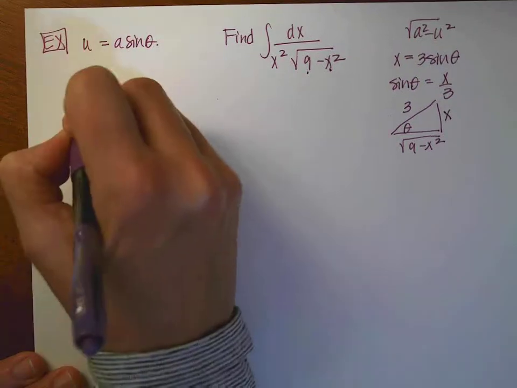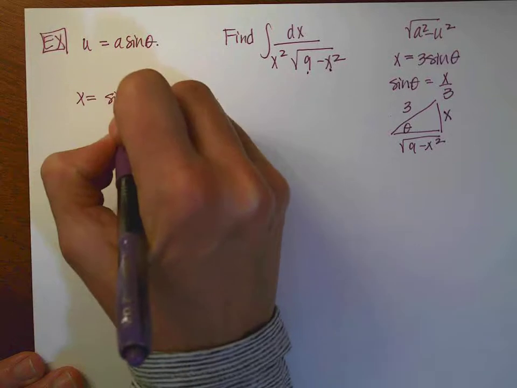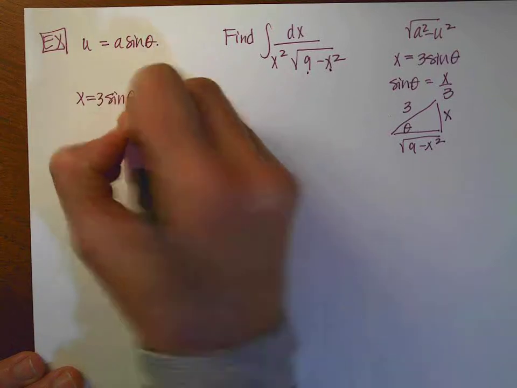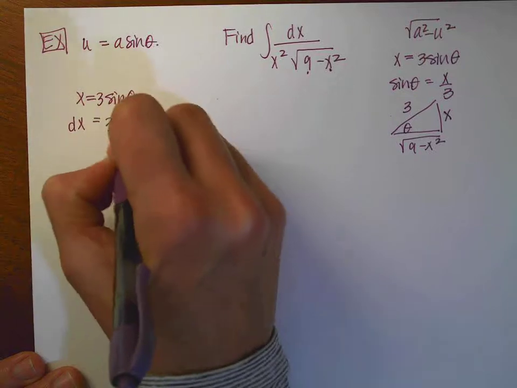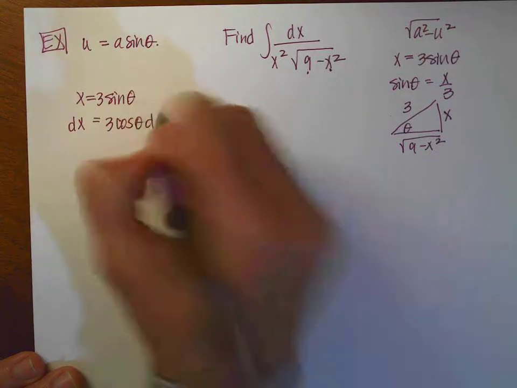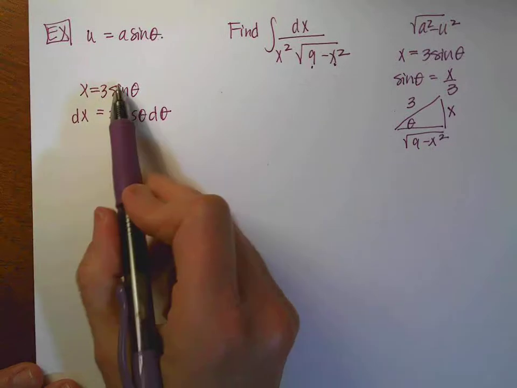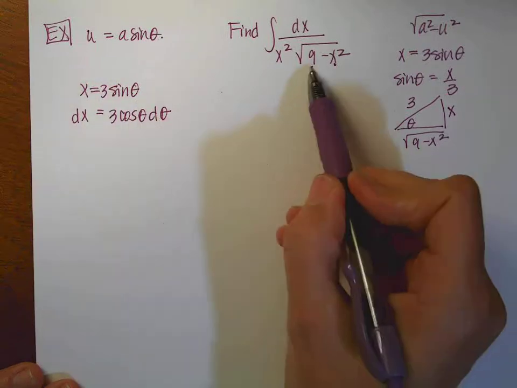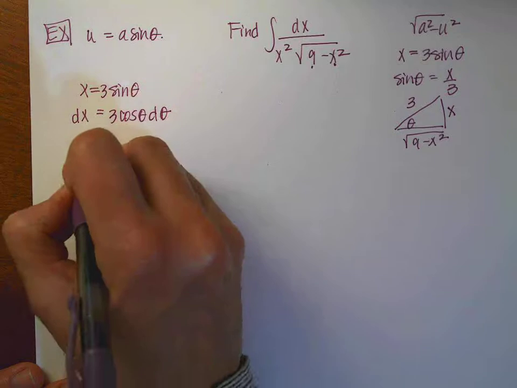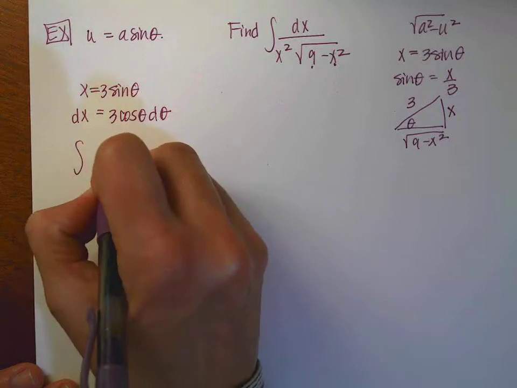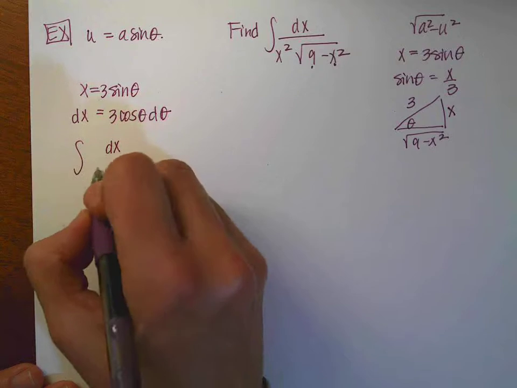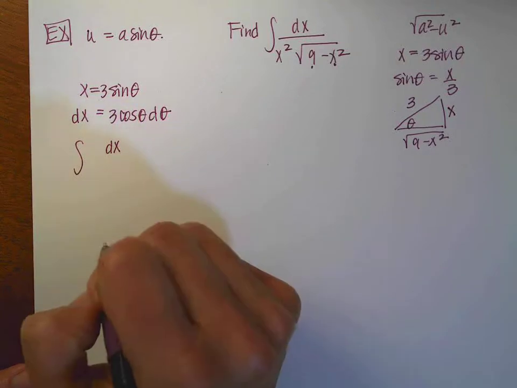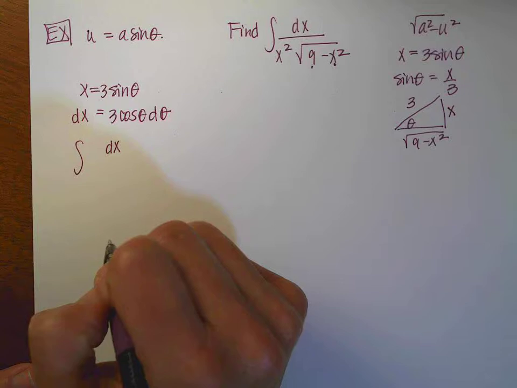Alrighty, so now I'm going to continue with what I let x equal. If x is 3 sine theta, then dx is equal to 3 cosine theta d theta. Okay, so now I'm going to take this information and substitute it into our integral. So I'm going to have the integral of dx.